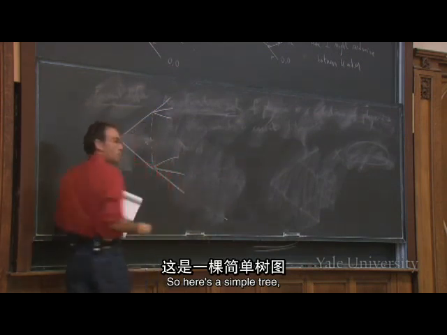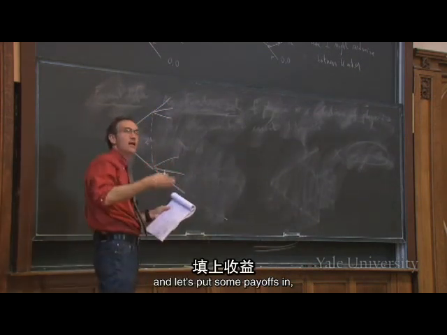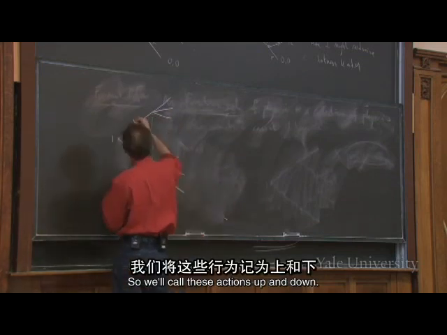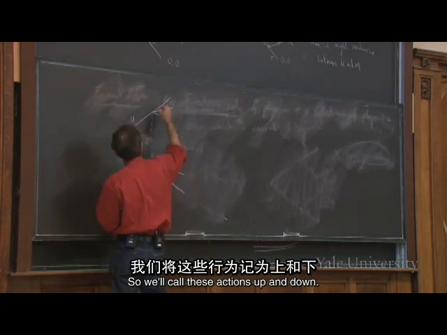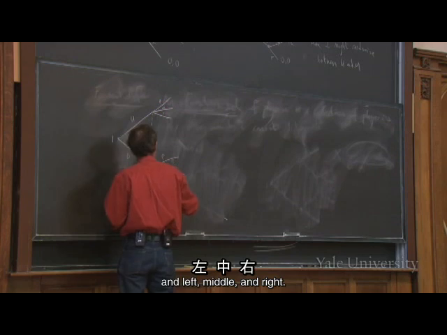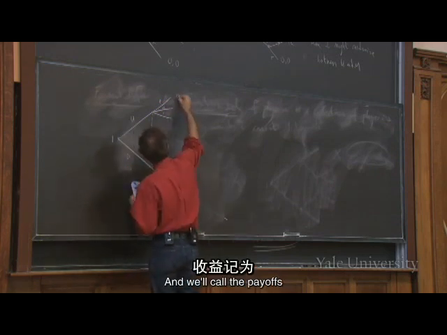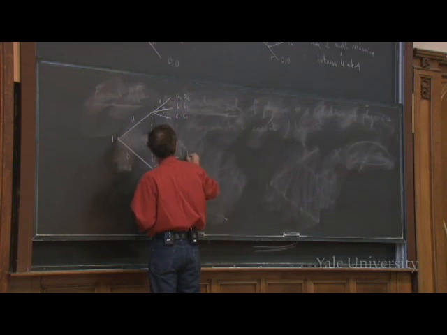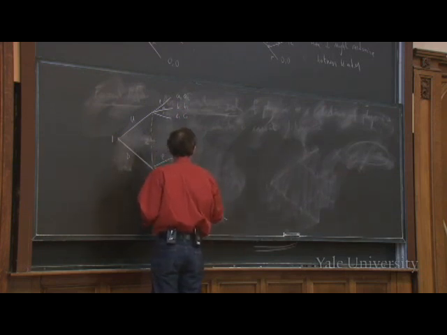Here's a simple tree, and let's put some letters in for payoffs rather than numbers. We'll call these actions up and down, and left, middle, and right, and we'll call the payoffs A1, A2, B1, B2, C1, C2, D1, D2, E1, E2, and F1, F2.